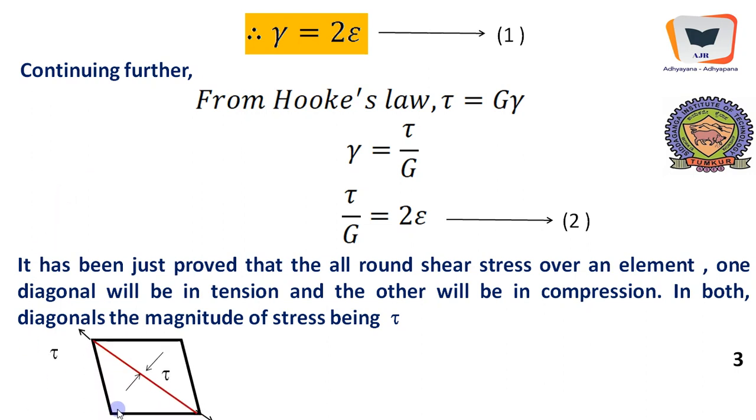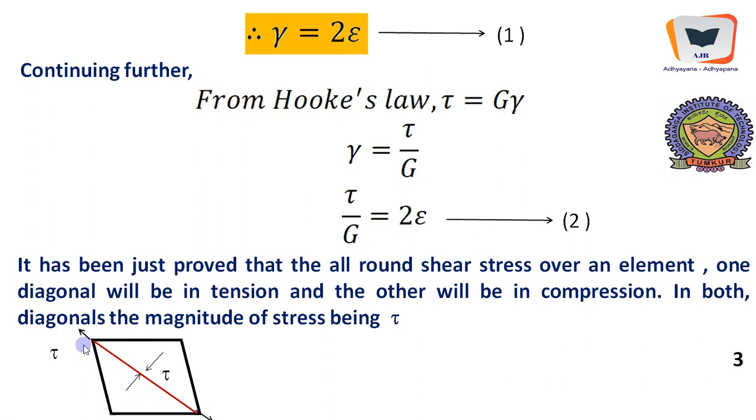And if we sketch it simply, this is the diagonal which is undergoing tension, and the tensile stress in it is tau, and there is an axial stress which is pressing this diagonal, and this stress comes from the compression of the other diagonal which is orthogonal to this. Therefore, this tau as an axial stress in one of the diagonals is contributing to the increase in the length of this particular diagonal.